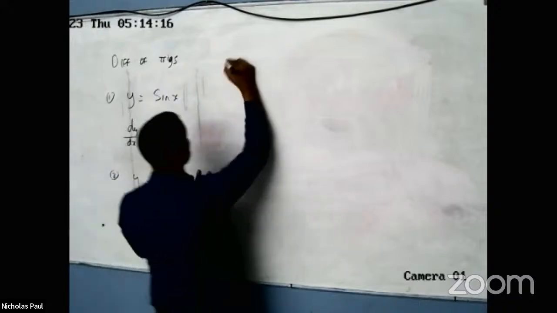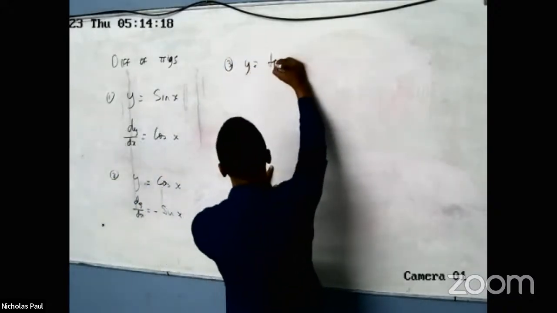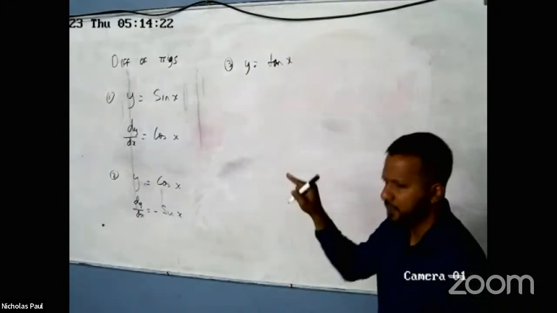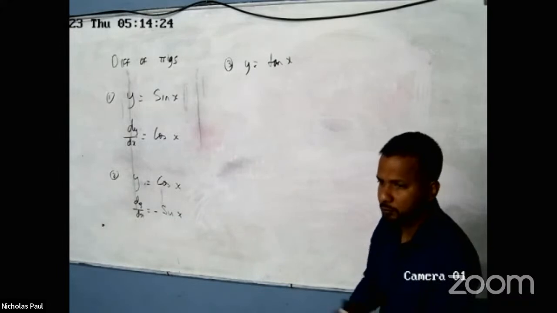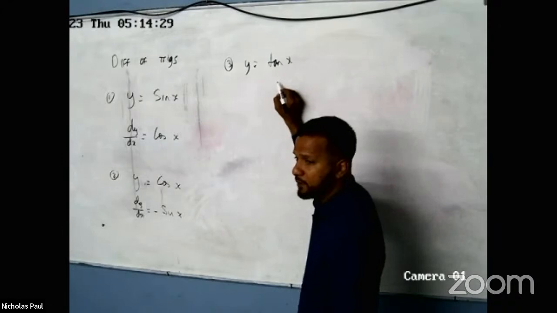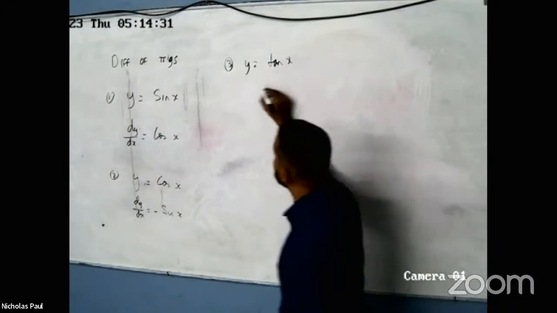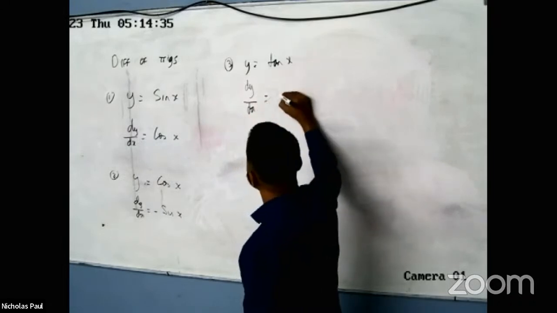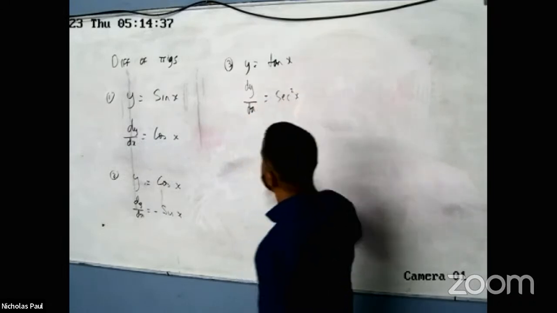If I ask for the differential of tan x, how do you work that out? Remember, tan is sine over cos, and then you use the quotient rule. You'll end up with sec squared x.